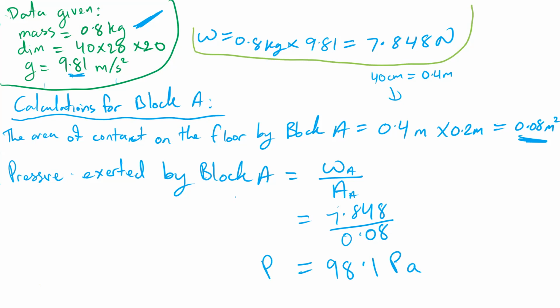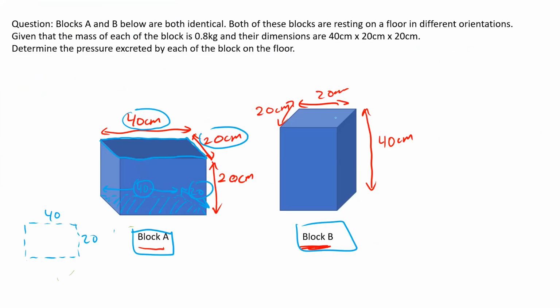Let's move on to calculations for block B. So if we analyze block B, of course, it's going to be the same, but instead of a rectangle, we will have a square.